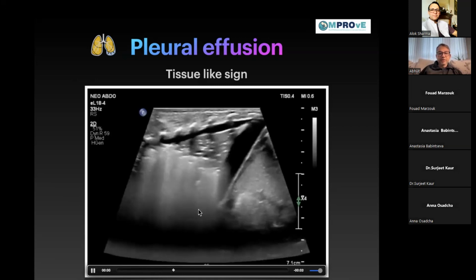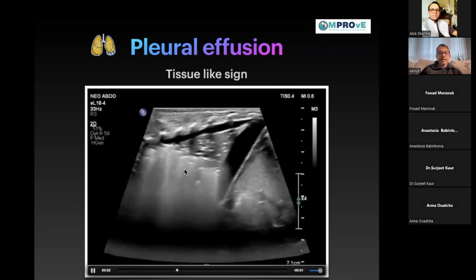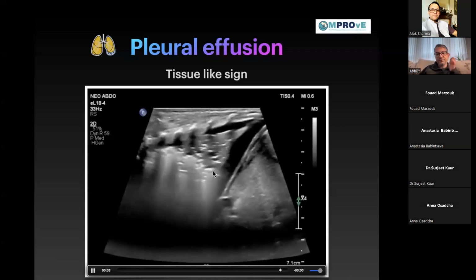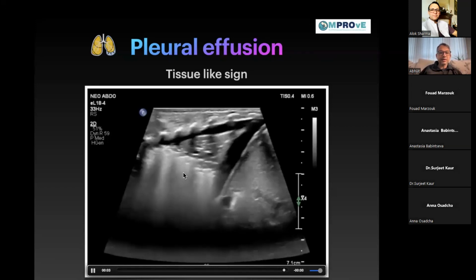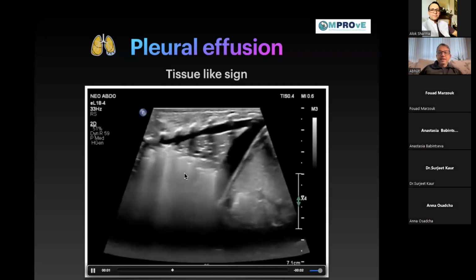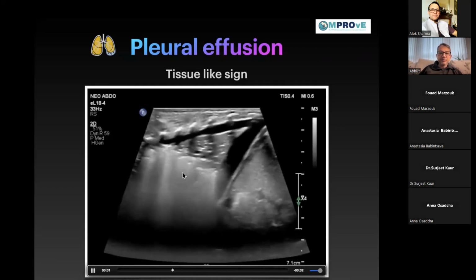Here, what's going on in this part of the area? Of course, you can see the B lines here, the stretch signs, the fractal sign. If you focus on this part of the scan, as the baby inspires, the air moves in, and you see the dynamic air bronchograms, bright white speckles coming into view.